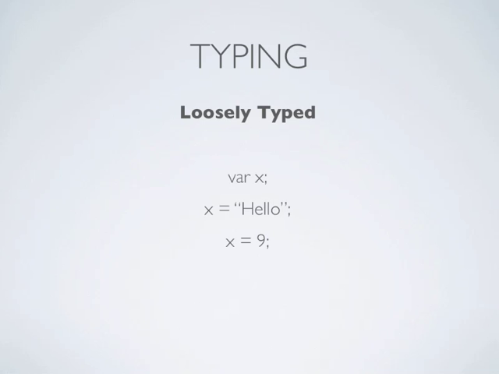But loosely typed languages do put a lot of confidence in the programmer, because it assumes that the programmer is going to understand data types and be able to work with them correctly. The reason we really need to understand this is because there are going to be different statements, different operators, different expressions that we will write that will react differently based on what the actual data type of a variable is. So we'll take a look at that next in an example.